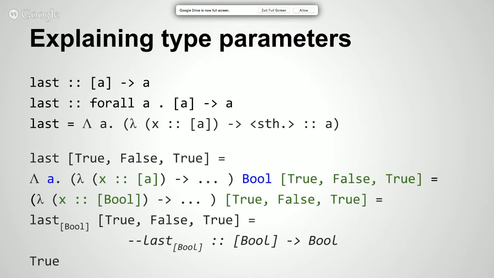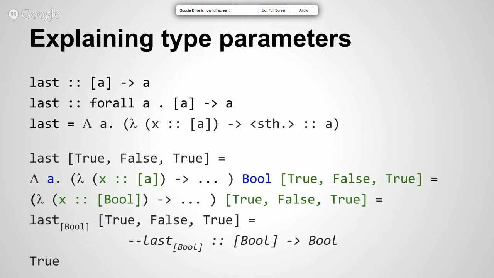Just a little bit of explanation about type parameters and how the language thinks about it. If you have last, that's the function that takes a list of A's to A's. It's actually a shorthand for for all A, list of A arrow A. You can also think of that, getting a little meta here, as a function that takes a type A, and that's what that capital lambda is, and it returns a regular function.